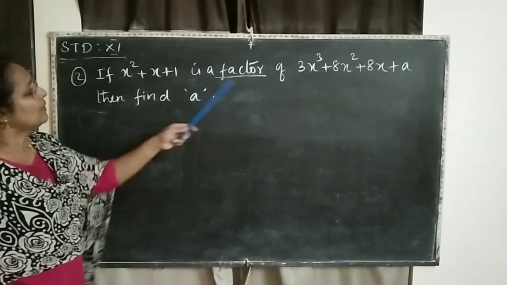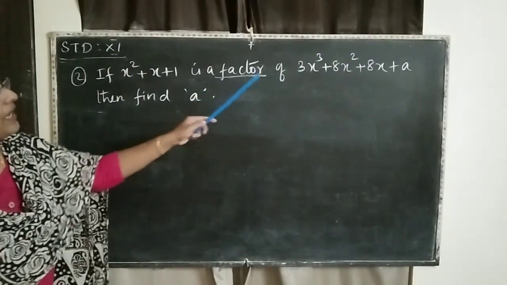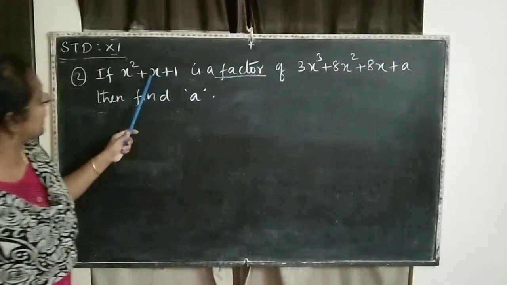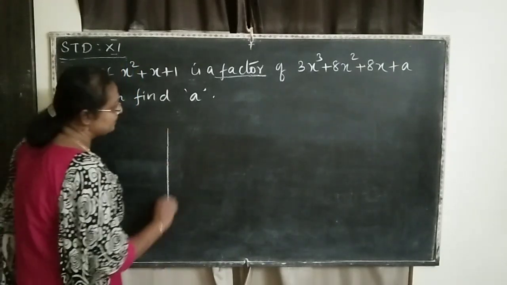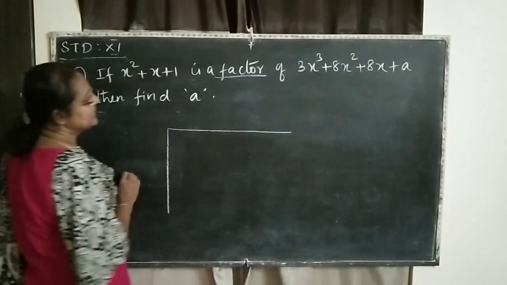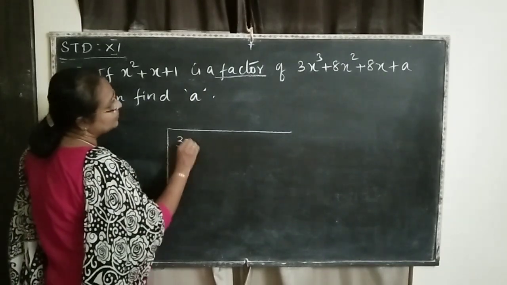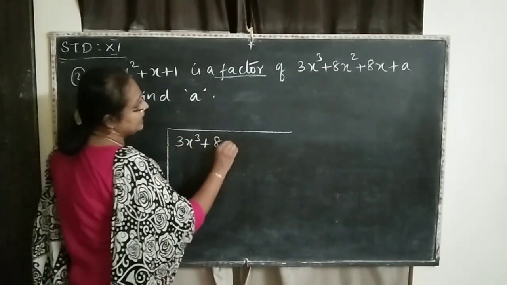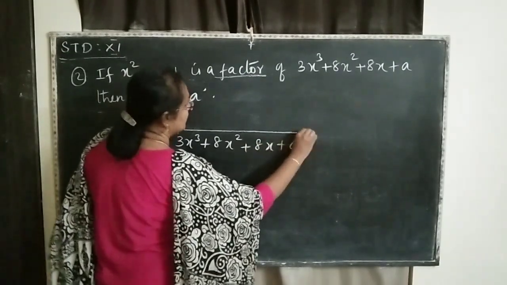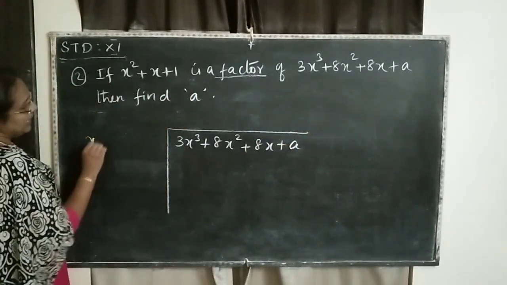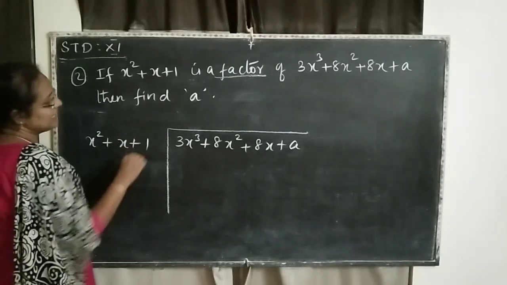A. Okay, now since it is going to be a cubic polynomial expression and it is again a quadratic expression, I am going to divide by usual division, isn't it? Okay, now look into this. 3x cubed plus 8x squared plus 8x plus a. It has to be divided by x squared plus x plus 1.